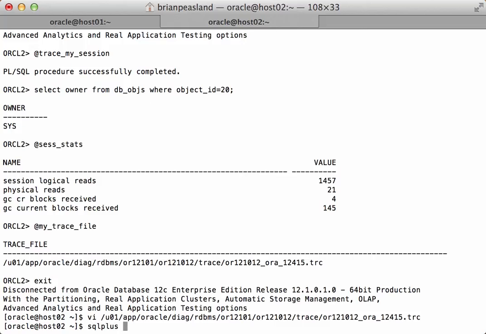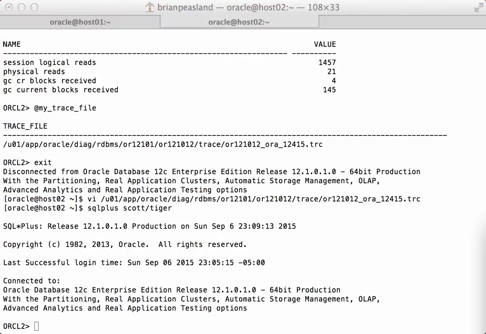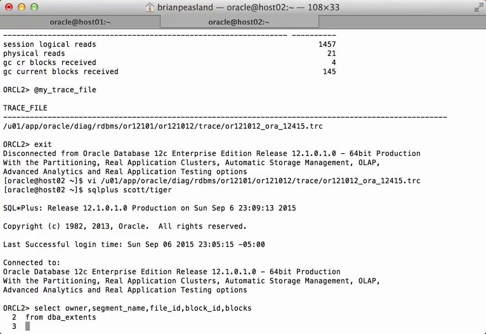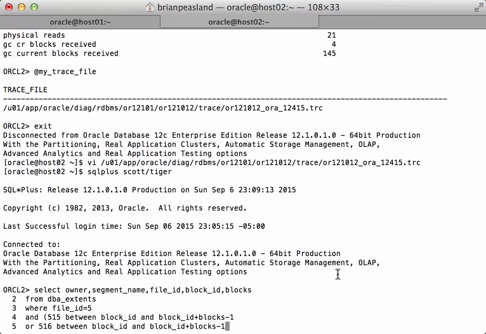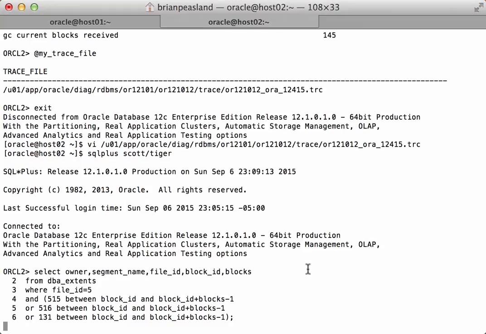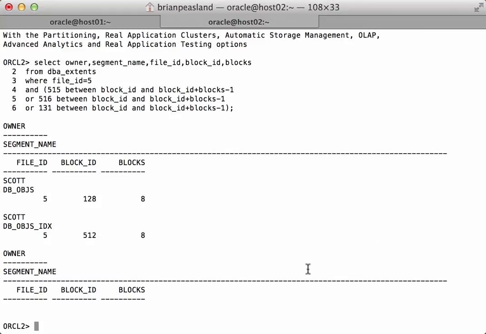Which objects do these blocks belong to? I'm going to cut and paste in a simple SQL statement. Let me reformat that so it's a little bit more readable.